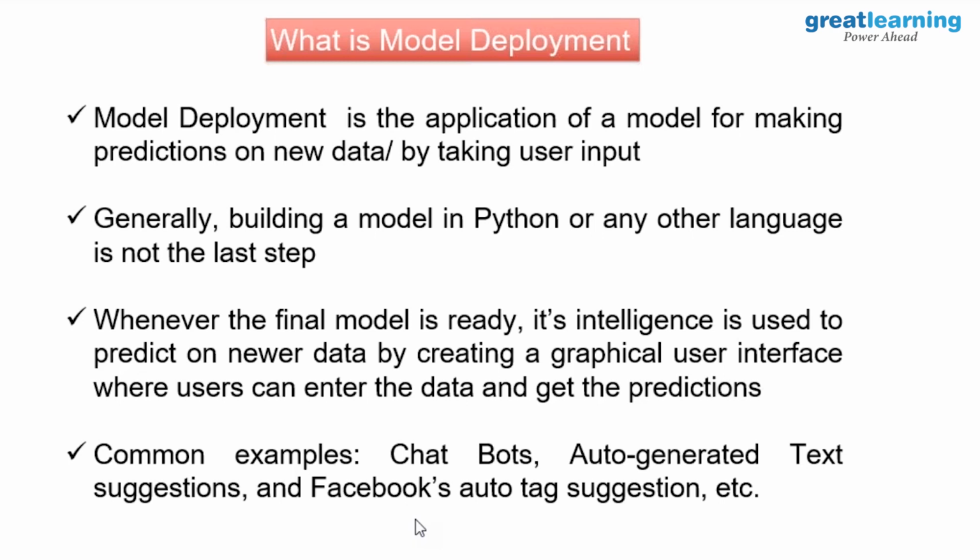This is not any deployment architecture. Rather than creating a user interface, Facebook collects the user input through this auto tag feature. It is a method of collecting the user input.